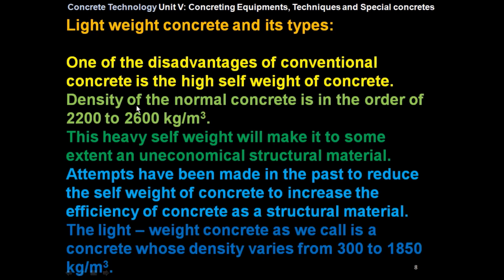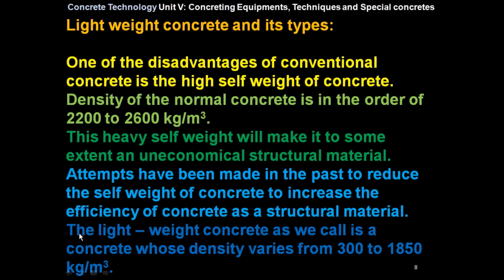Density of the normal concrete is in the order of 2200 to 2600 kg per meter cube. This heavy self-weight will make it to some extent an uneconomical structural material. Attempts have been made in the past to reduce the self-weight of concrete to increase the efficiency of concrete as a structural material.